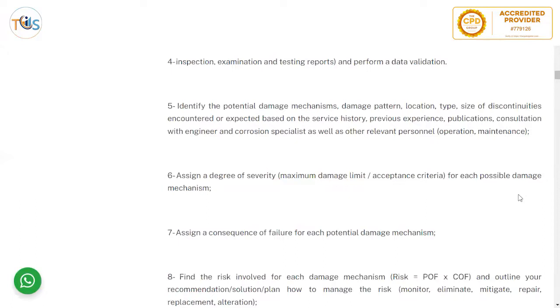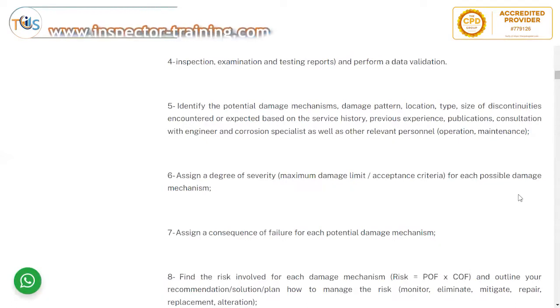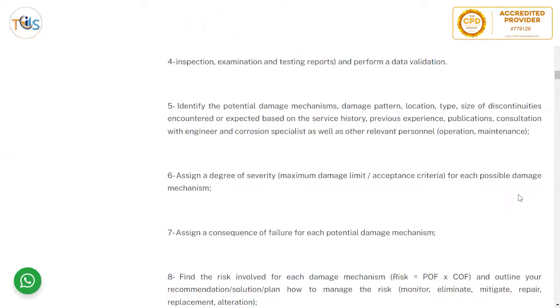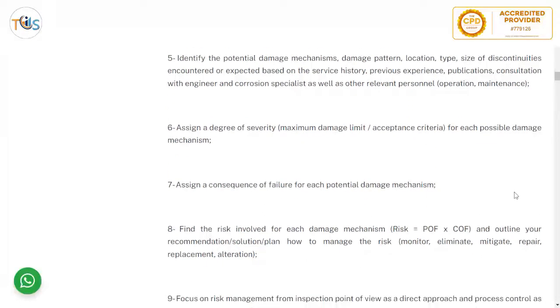So all the available knowledge, whether in the form of publications, repair history, or service history, and your previous experience or that of other experts such as engineers, corrosion specialists, and operation and maintenance people, can help a lot to direct you in the right direction when you are evaluating or assessing equipment.